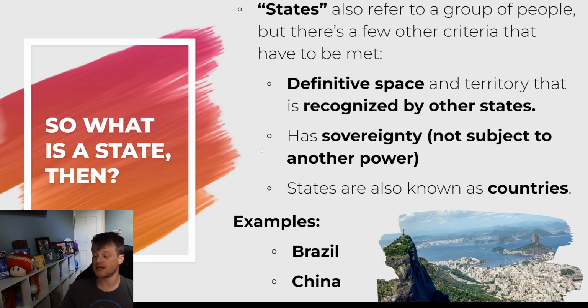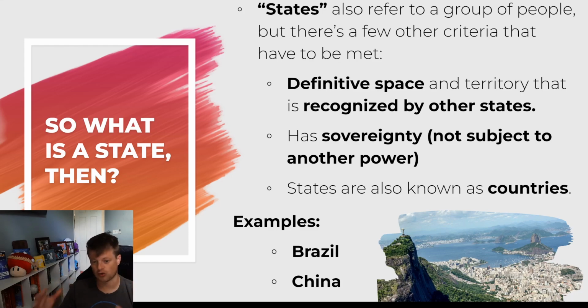States also refer to a group of people, but there are a couple of other criteria that have to be met for a state to be defined. First, what are these things that make a state? One, it has to have a space and a territory that is recognized by other states. Two, it has to have sovereignty, meaning it is not subject to another power.